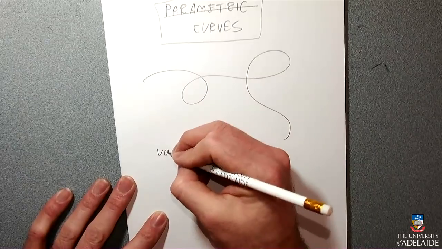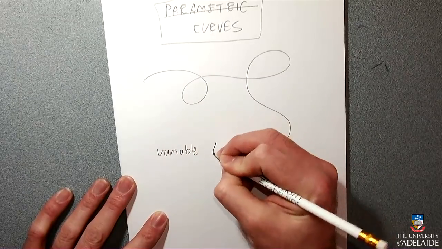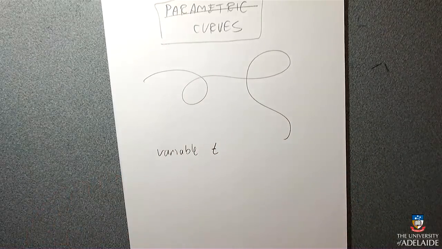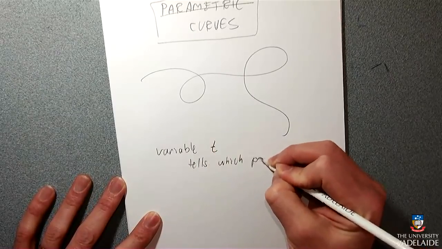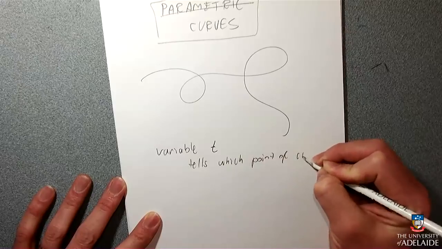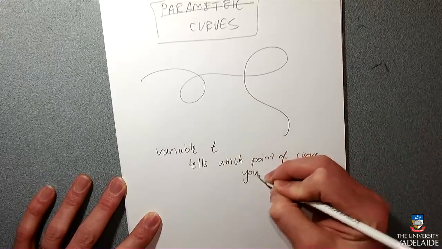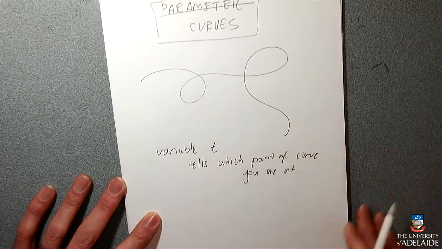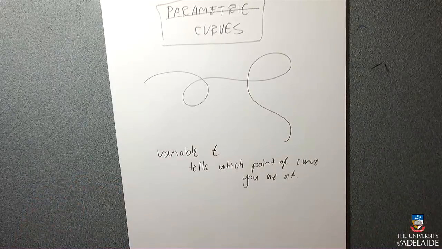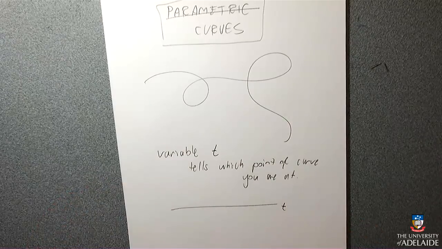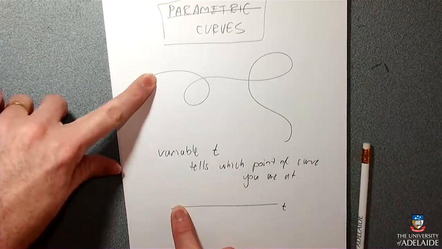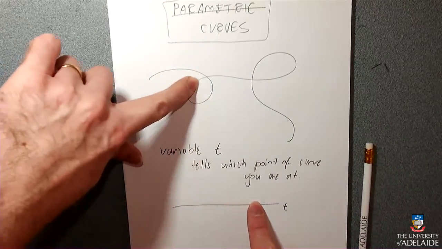It's traditionally t for time. And in my head, t lives on some sort of axis, like a number line, and as t moves, you move along the curve.